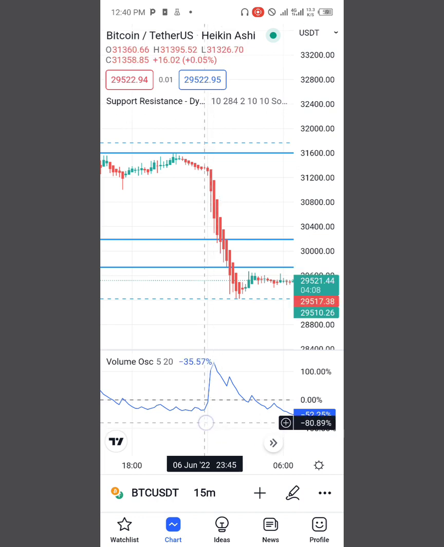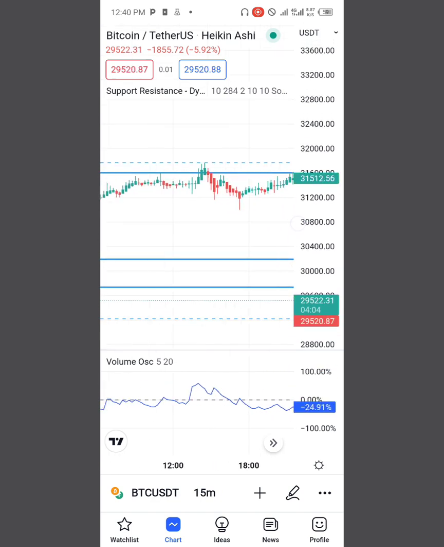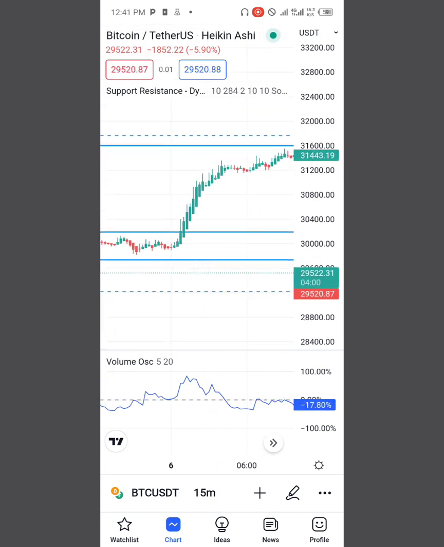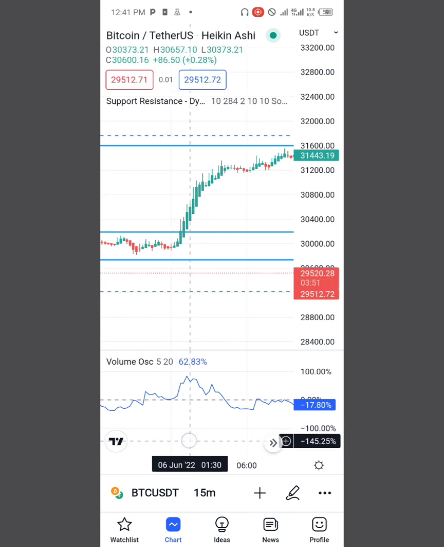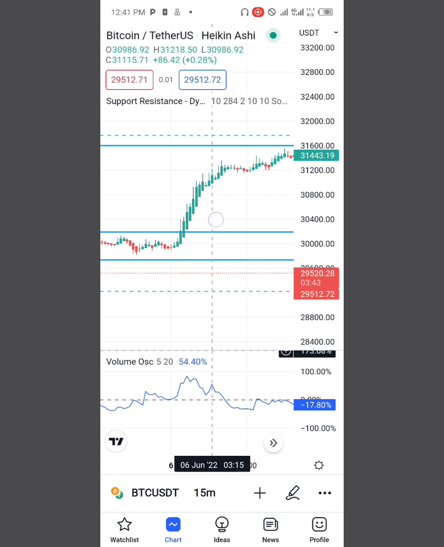Now, vice versa, it goes the same way. When the price of an asset is increasing rapidly and the volume is increasing rapidly, then you know the trend is a strong trend, because the price of the asset is moving up. Look at the price right here.